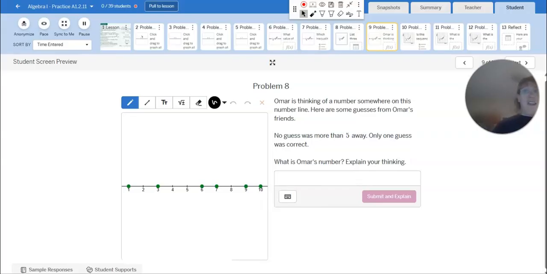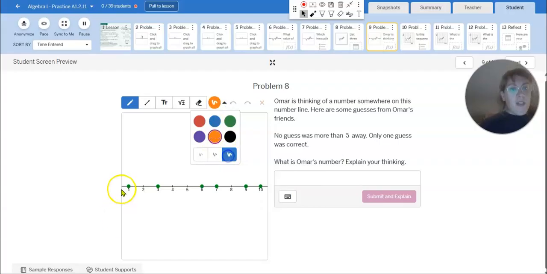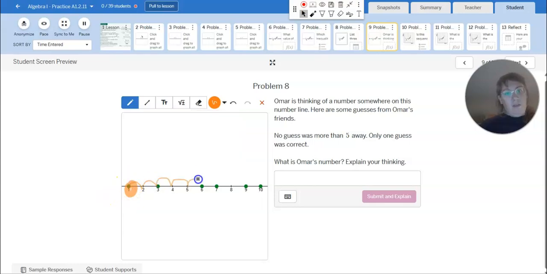Explain your thinking. Okay. So if someone guessed 1, we can think about it. 1, 2, 3, 4. This is 5 away. And here, these are 3 guesses that are more than 5 away. So that's not going to work.